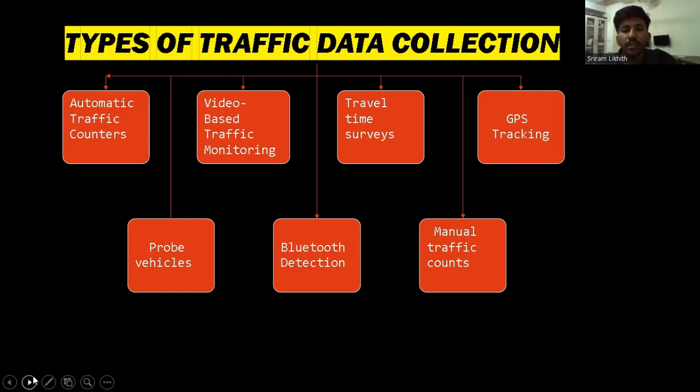If we go to video-based traffic monitoring, an AI detection camera will be installed at the traffic signal. It will identify the number plate by anomaly detection or number detection.